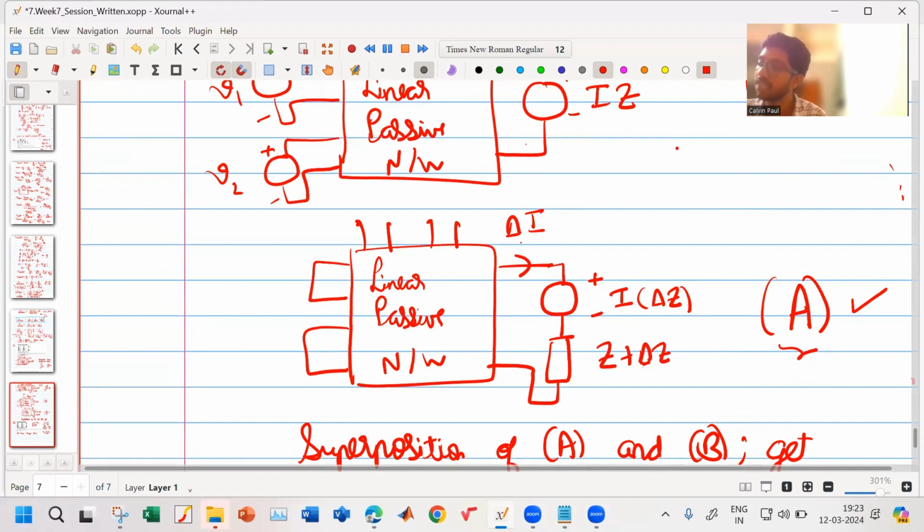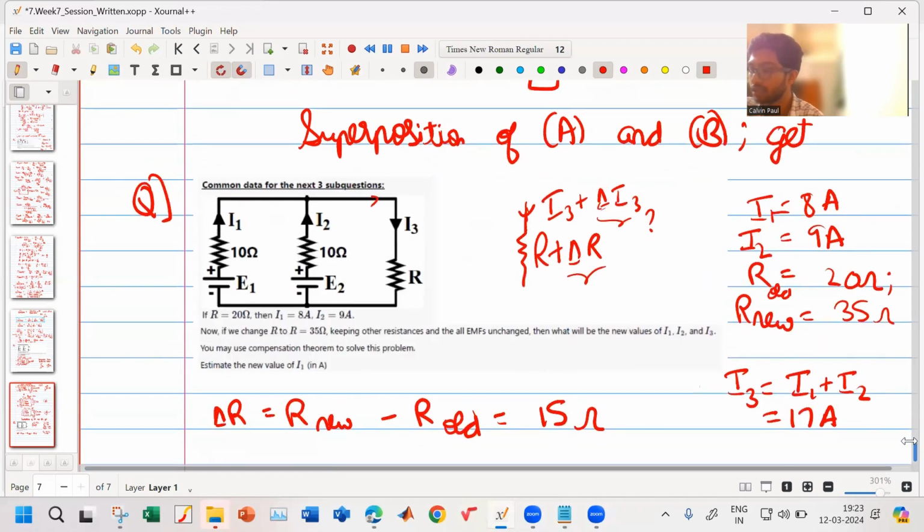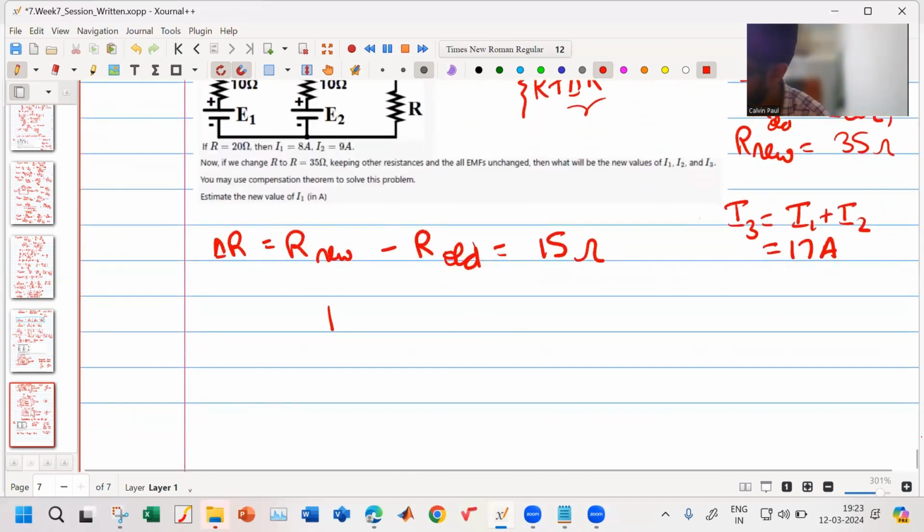And if I want to use this network, what will happen to the voltage sources? Short circuited. They are replaced by short circuit, and currents open circuits. So now here there are no current sources. They are just voltage sources. So it will become 10 ohm here, 10 ohm here.